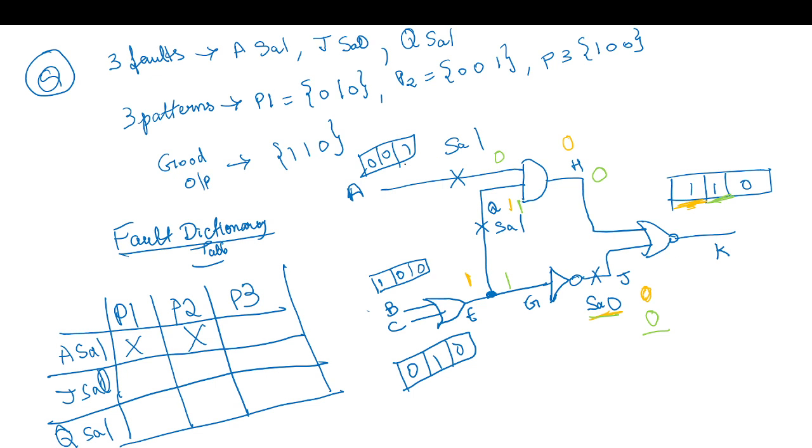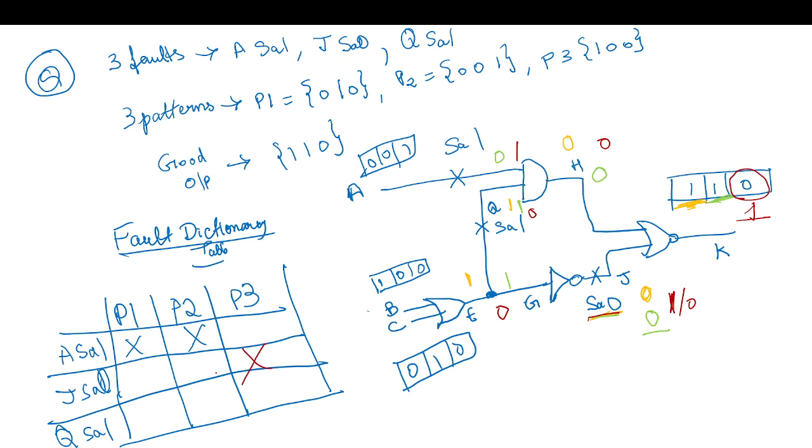Next. 1 here, 0, 0 here, a 0 here gives a 0, which is a non-controlling value. This is 1, but it's a 0 because of stuck at 0. So 0, 0 is 1. So you can see this is different.